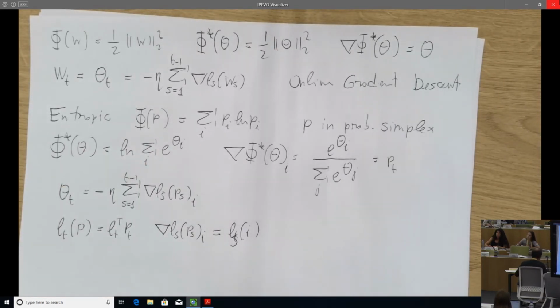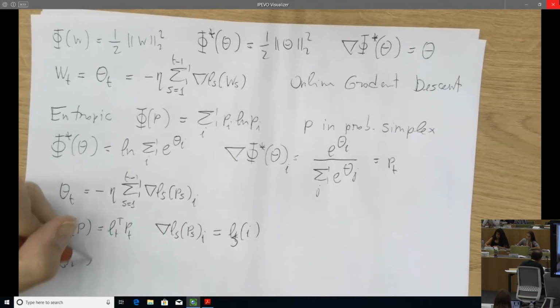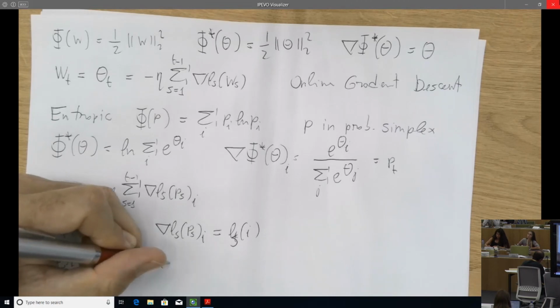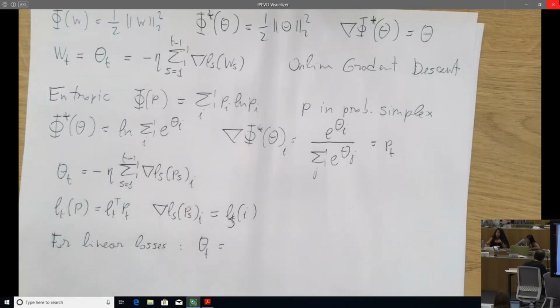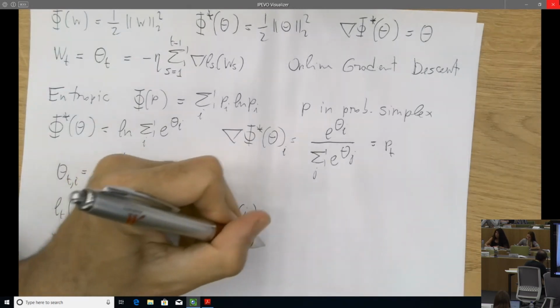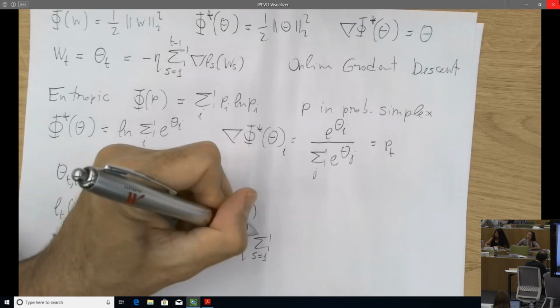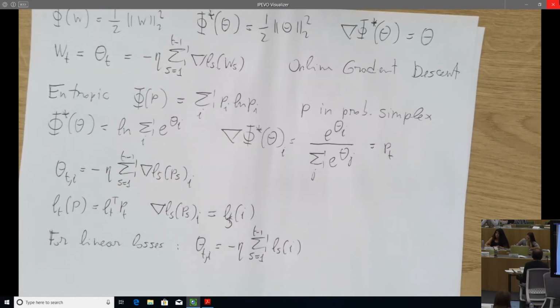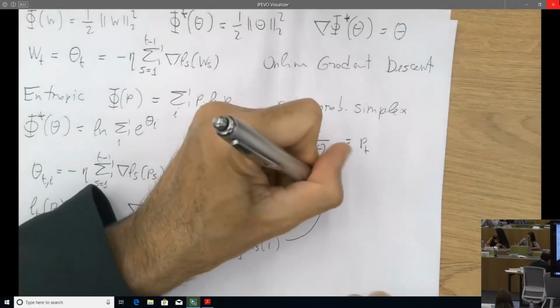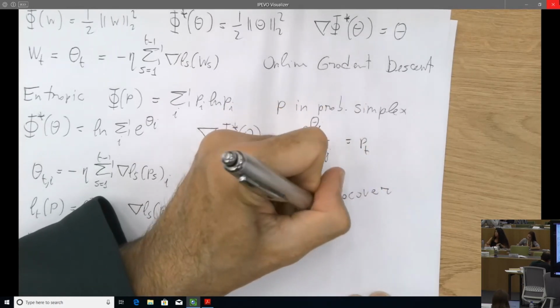So for linear losses, theta_t(i) is equal to minus eta times the sum from s=1 to t-1 of l_s(i), which is exactly, when we put them back over here, we recover Hedge.